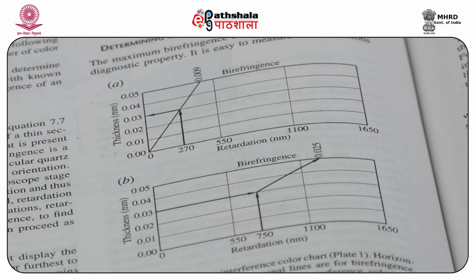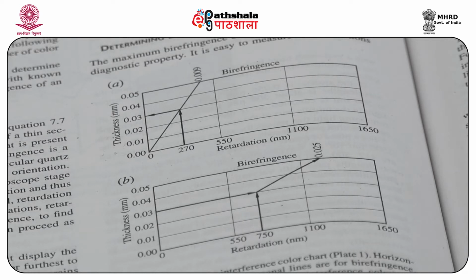For determining thickness, we first scan the slide to find grains of quartz that display the highest interference color, meaning the color farthest to the right on the interference color chart. Only these grains are oriented to display the known birefringence of 0.009. We then identify the highest interference color displayed by the quartz and find it on the color chart.